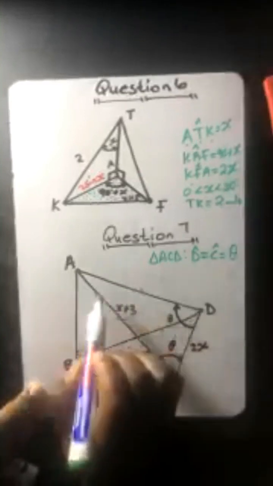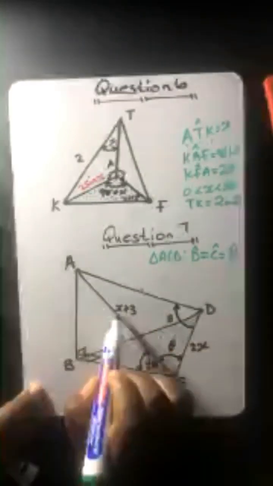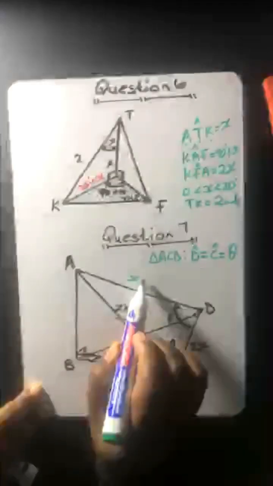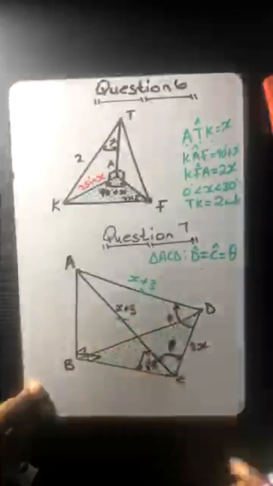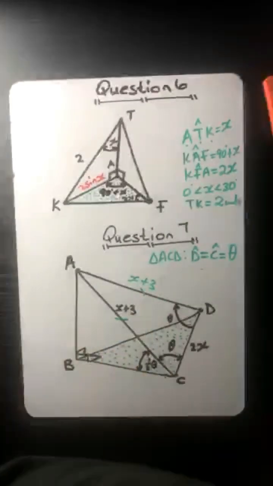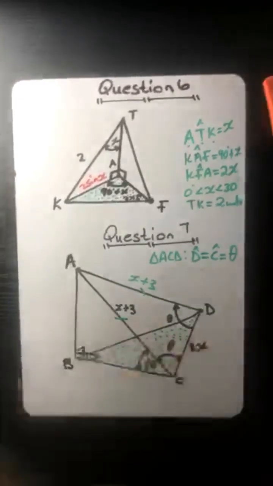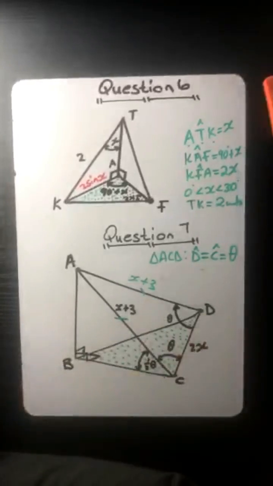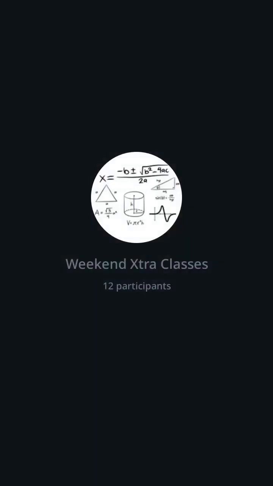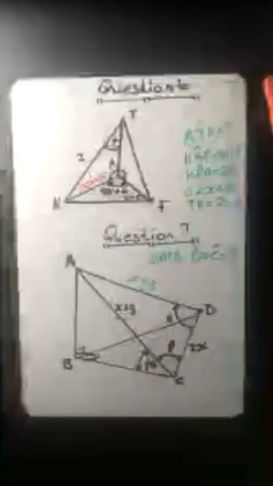So if from A to C is that, that means also here we are having that. Guys, is that what you know regarding an isosceles? Same angles, same sides. Yes. Okay, 100%. So now the statement continues.